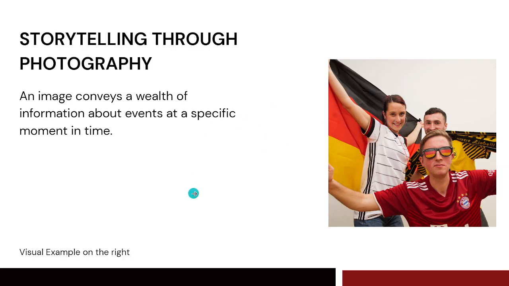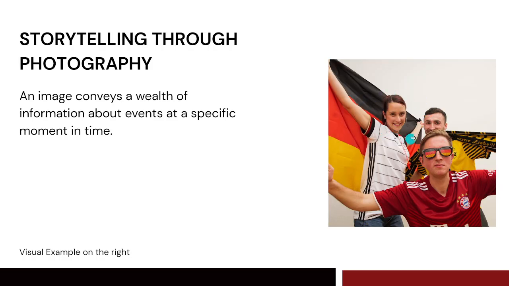We also have storytelling through photography. An image conveys a wealth of information about events at a specific moment in time. Looking at this, we can see these 3 people are football fans. This guy is supporting Bayern Munich, this one is supporting Dortmund, and this lady is supporting another club, which I do not know at this moment.